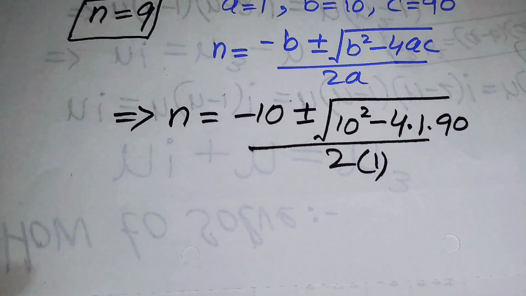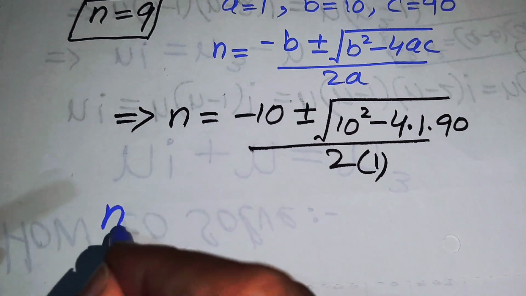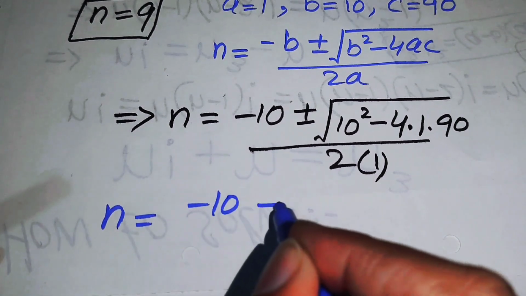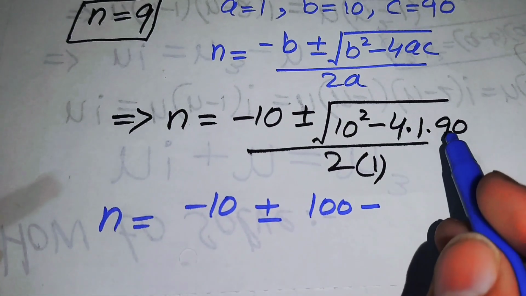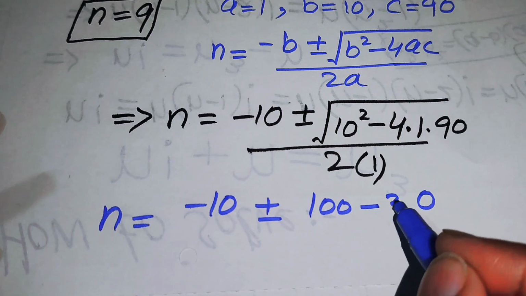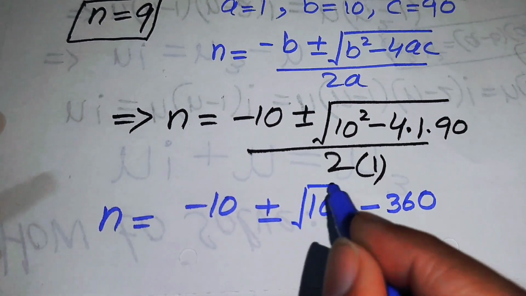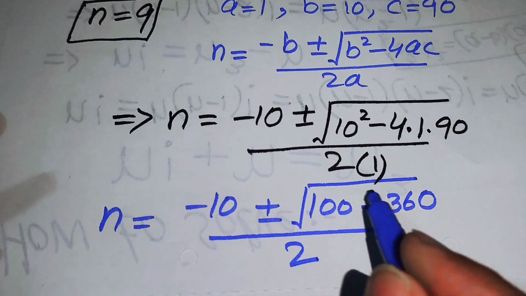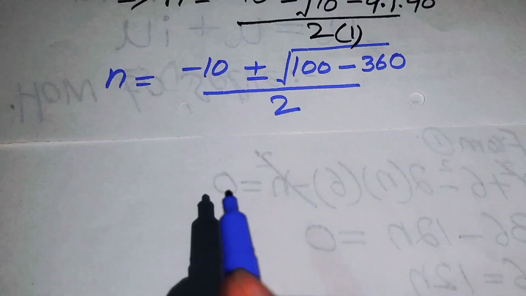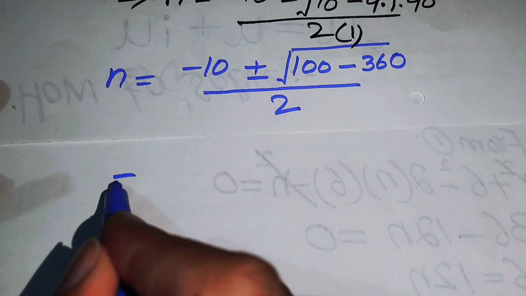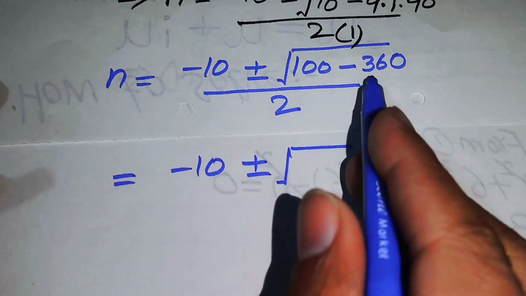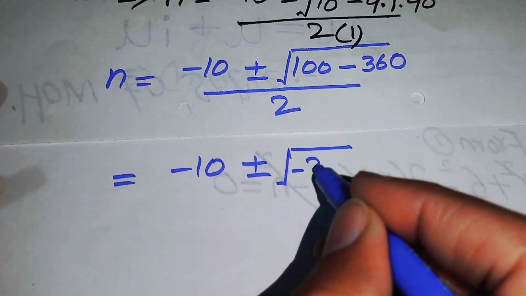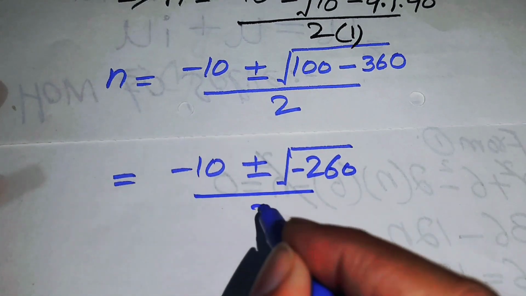In the next step we need a little bit of simplification, and we get n equals minus 10 plus minus, we have 10 squared is 100, minus 4 times 90 equals 360, square root, over 2 times 1 is 2. So here we add or subtract the like terms, and we get minus 10 plus minus square root of 100 minus 360 equals minus 260, over 2.